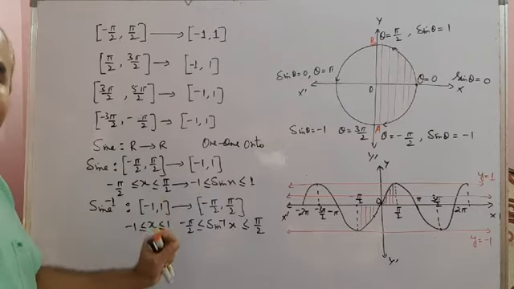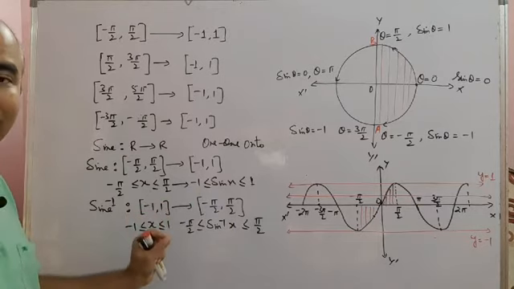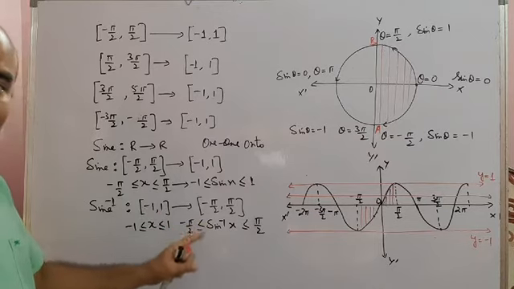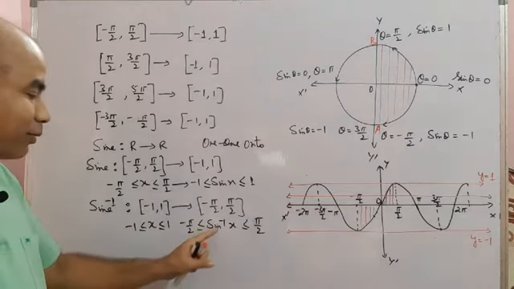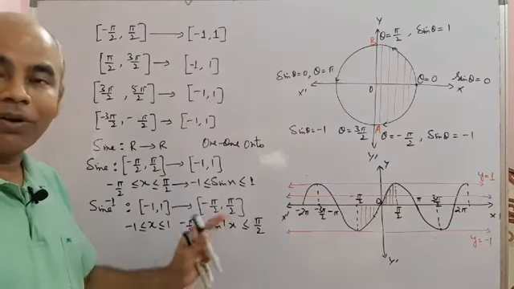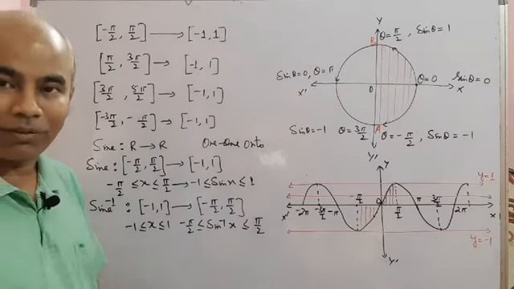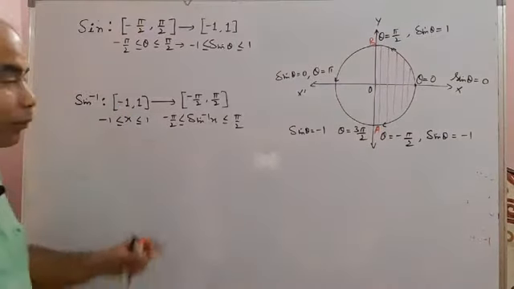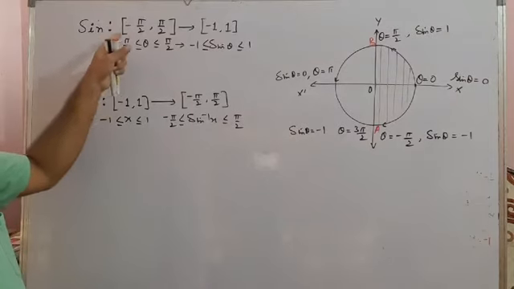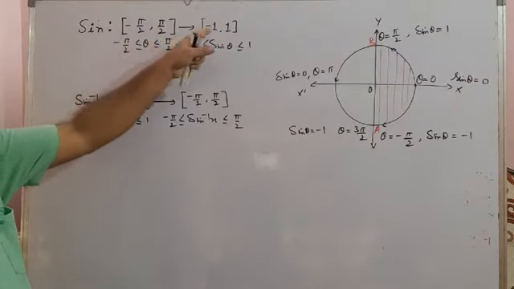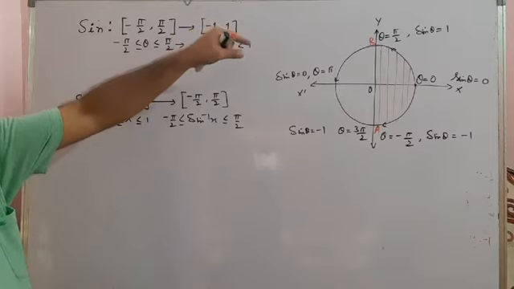So any image of x in the function sine inverse, that is sine inverse x, is a value between minus pi by 2 and plus pi by 2. It cannot be less than minus pi by 2, or more than plus pi by 2. Okay. So students, we have arrived here that sine is a function from the closed interval minus pi by 2 to plus pi by 2 to the interval minus 1 comma 1. Then it becomes 1-1 and onto.